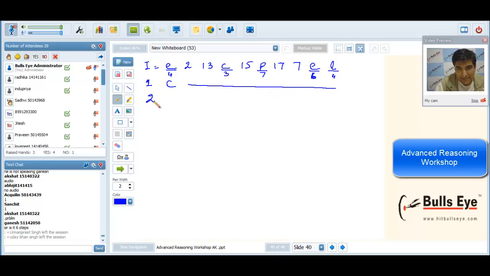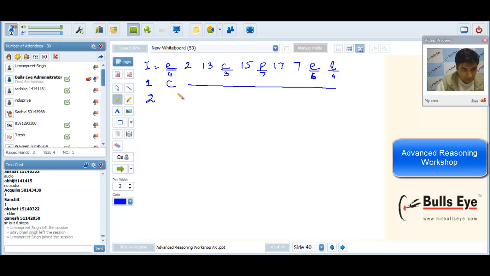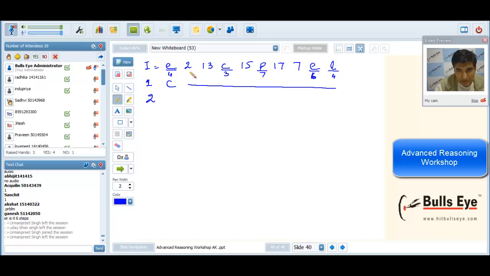As the second step, the least number should come ahead, which is already there.